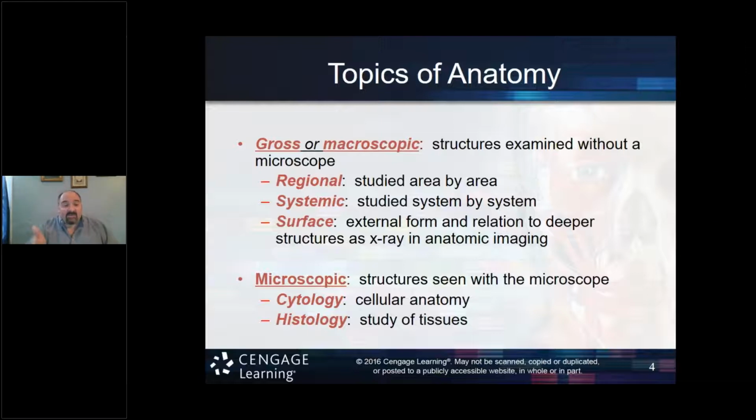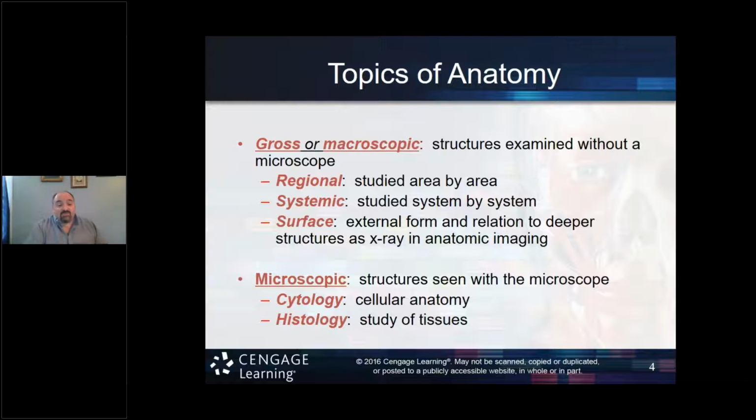In lab, you'll be doing gross anatomy, looking at structures that you might have the opportunity to dissect, such as the brain this semester, and next semester an eye, a kidney, that kind of thing, as well as all the models in our laboratory. It's very important that we learn the gross anatomical structures of the human body.